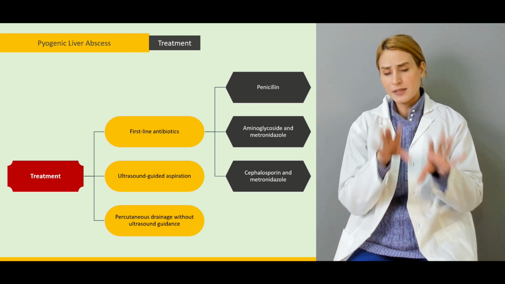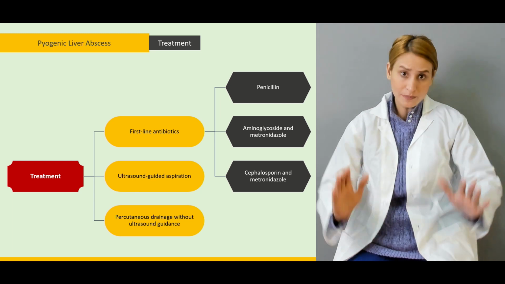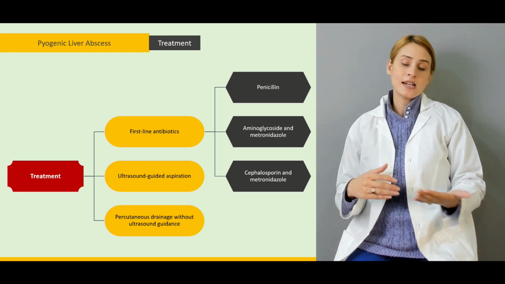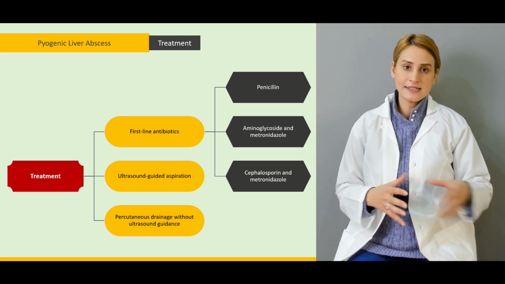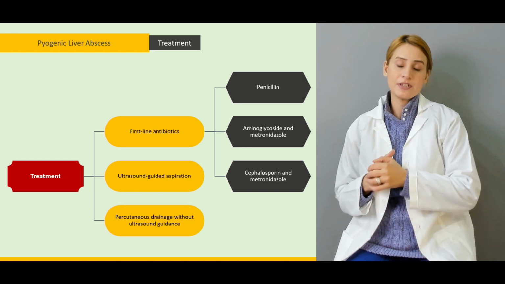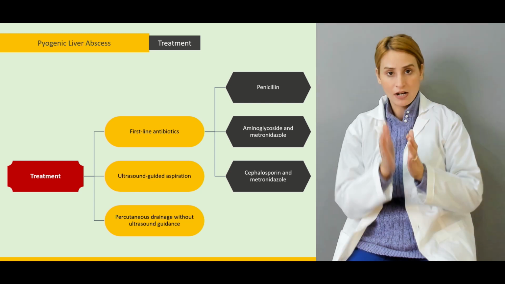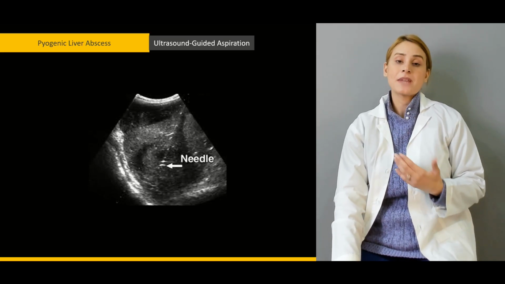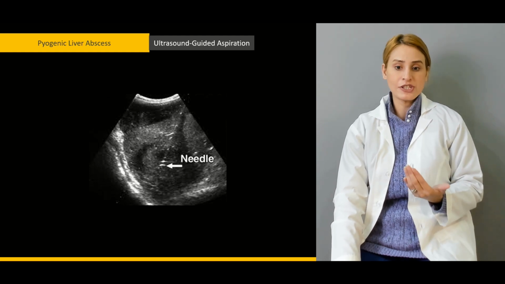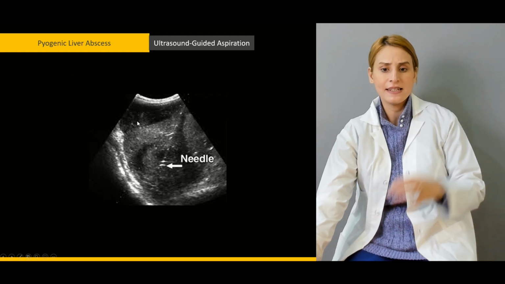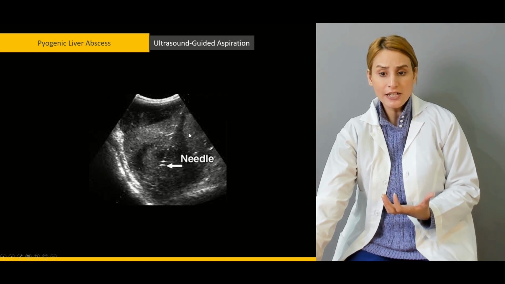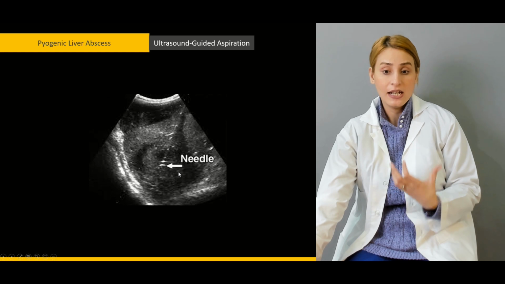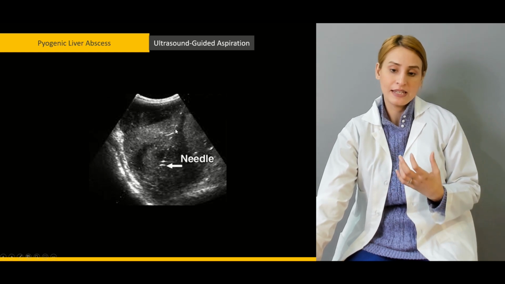So the main treatment would be giving good hydration therapy and good first line antibiotic cover, combining gram-positive, gram-negative, and anaerobic cover. These are important. If you talk about ultrasound guided aspiration, this is the live ultrasound, and these are the hypodense or hypoechoic areas present in the ultrasound.